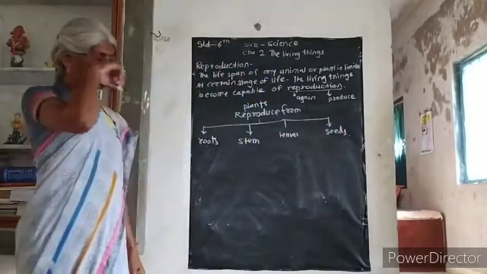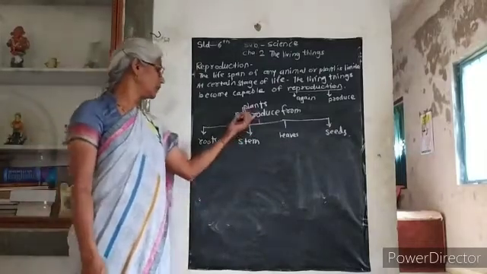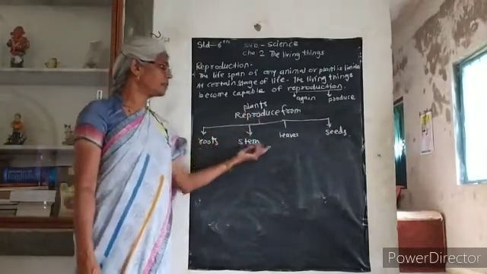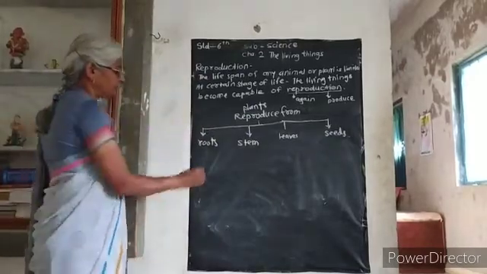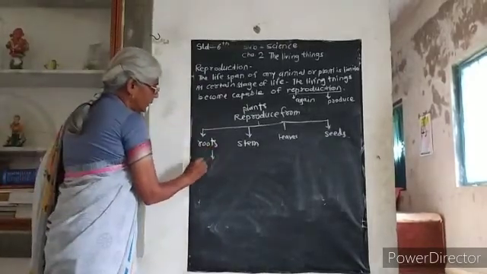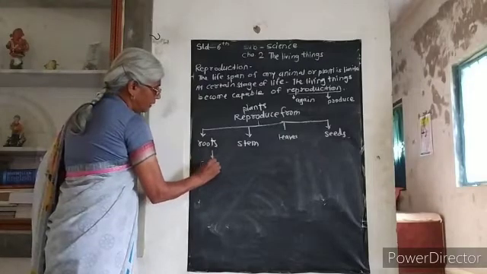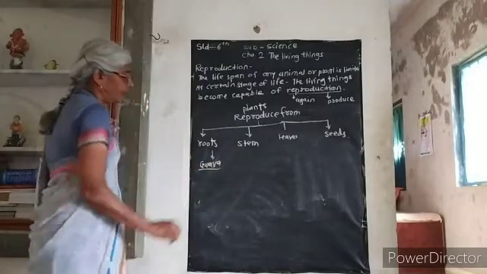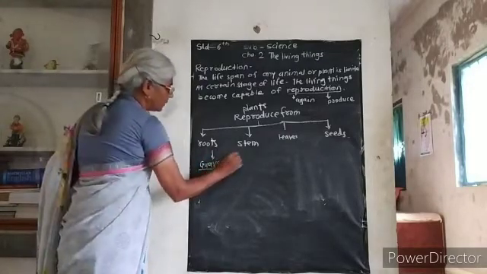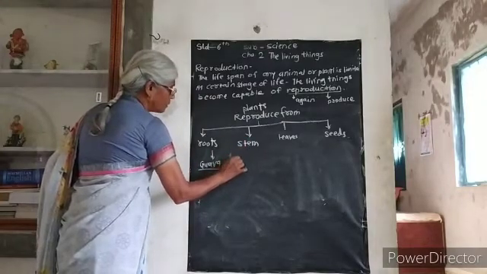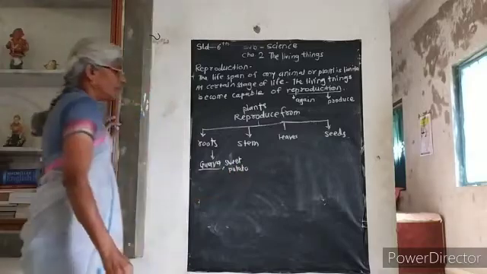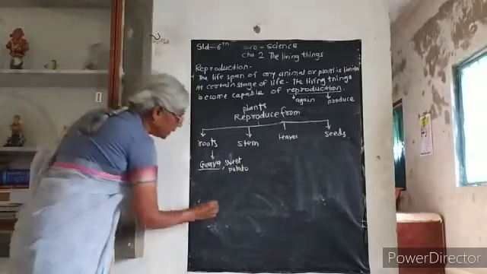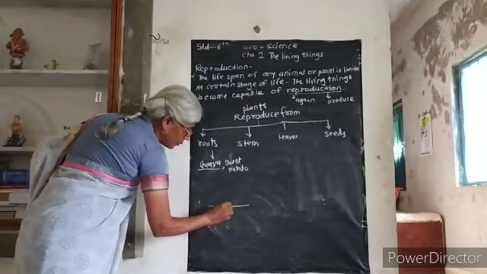Means the reproduction takes place in plants from roots, stems, leaves and seeds, which are the parts of the plant. For example, in case of sweet potato, how does the new plant develop?